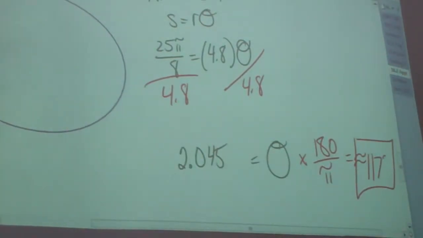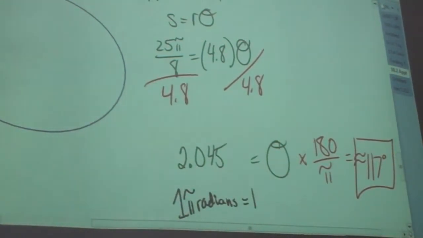Wait a minute. We converted to radians and we convert back to degrees? You can't really get that big. Does that make sense? Because 1 pi radians equals, and remember, pi is really 3.14.